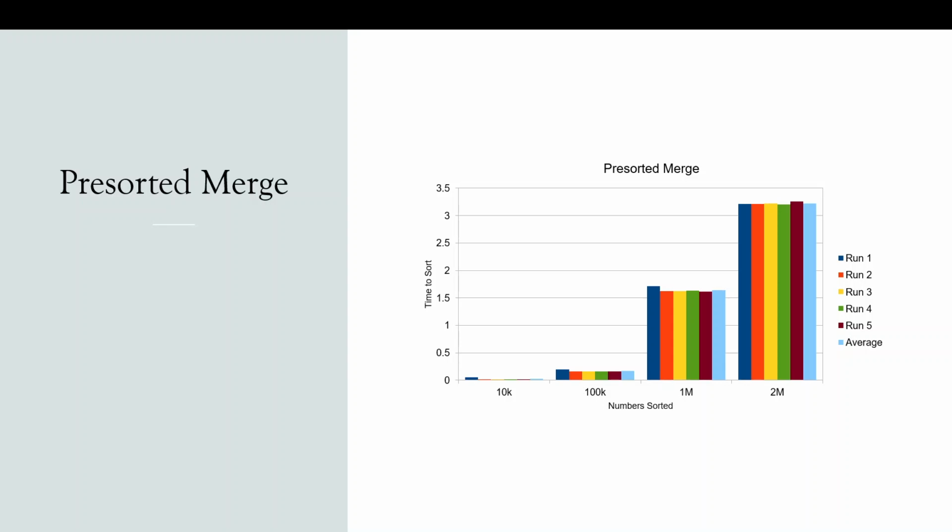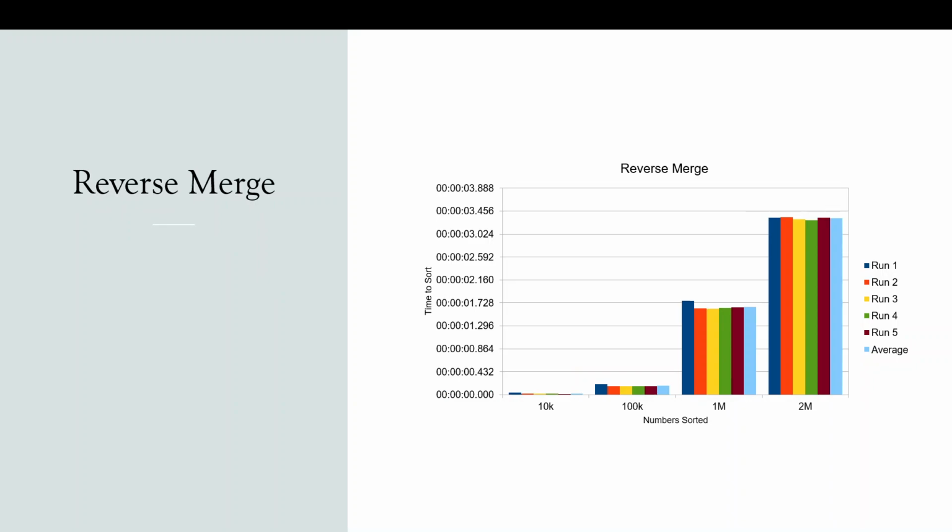But as you can see with the reverse, with the data in the backwards order, usually it's going to be better. So again, the 10,000 took 0.022 seconds. 100,000 took 0.170 seconds. 1 million took 1 second, 656 milliseconds.